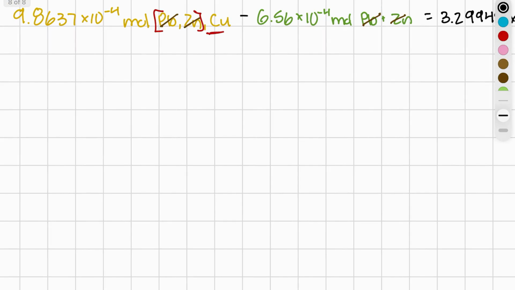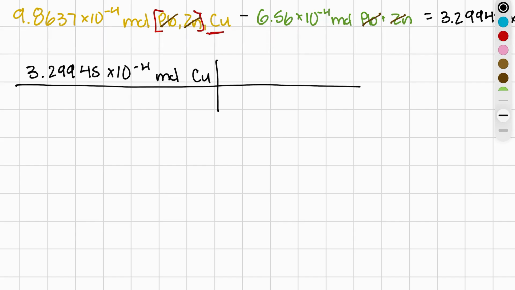So I'll do it the same exact way. 3.29945 times 10 to the negative 4 moles of copper. Copper is 63.546 grams per 1 mole.